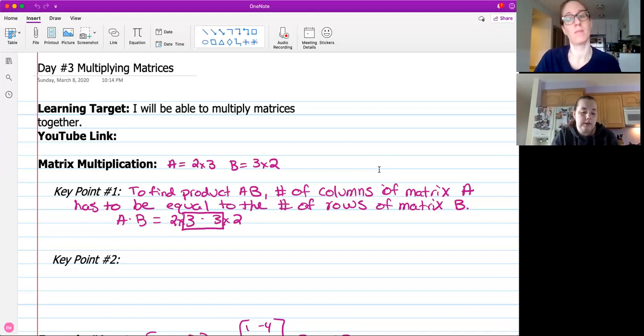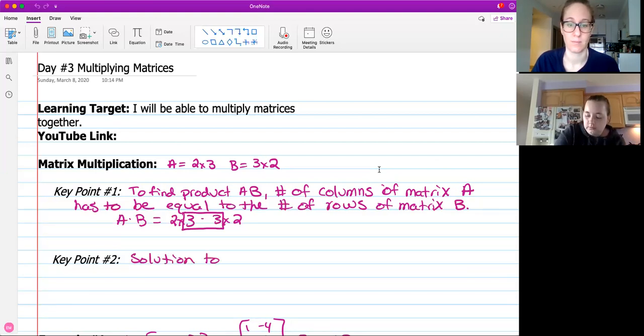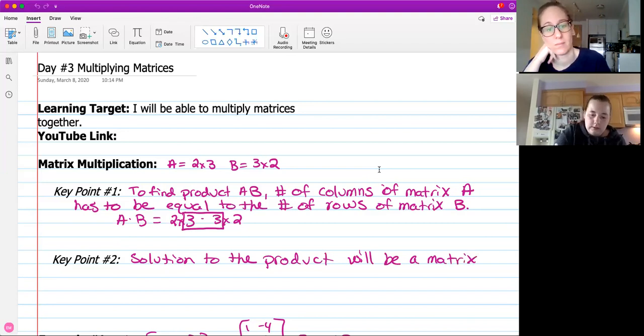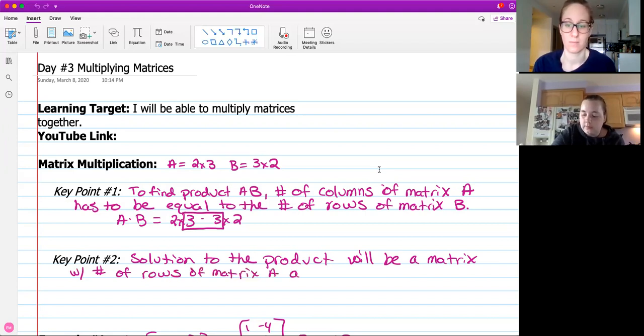The second thing you need to know is that the solution to the product will be a matrix with the number of rows of matrix A and the number of columns of matrix B, and that'll make more sense in a second.